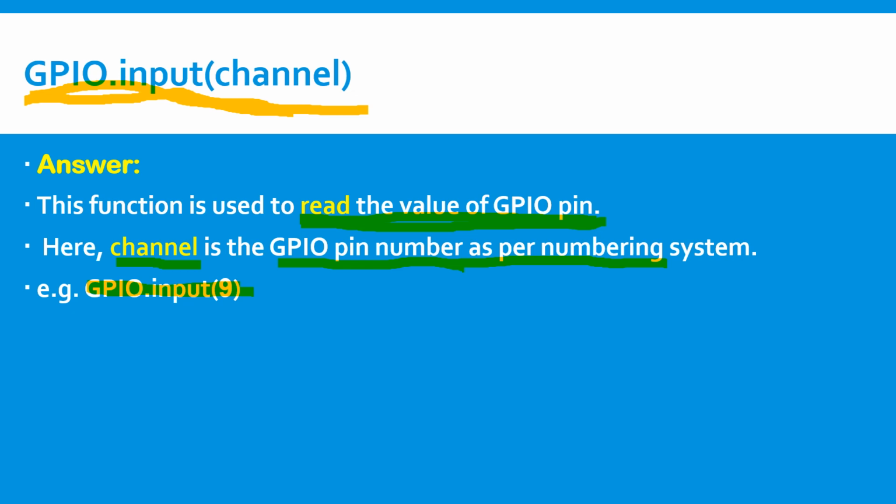The channel value is 9. The channel is nothing but GPIO pin number as per numbering system. So this function is used to read the value of GPIO pin. We are going to read the value of GPIO pin number 9 by using this example.